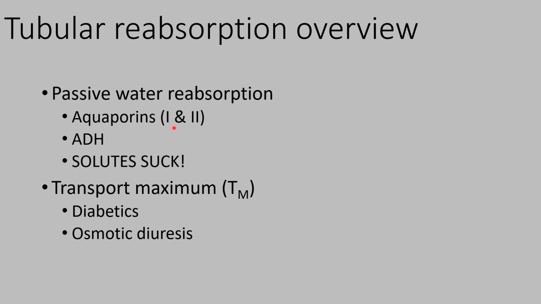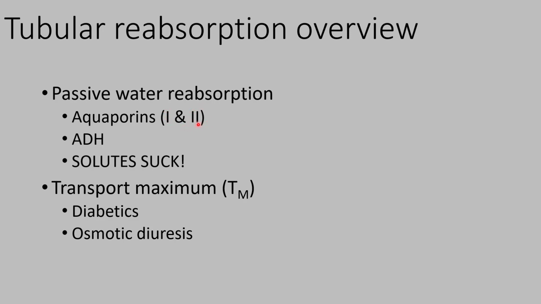And there's two types of aquaporins. There's something called aquaporin type 1. Aquaporin type 1 are always there. They are found primarily in the PCT. They're found throughout, but primarily they are in the PCT, the proximal convoluted tubule.